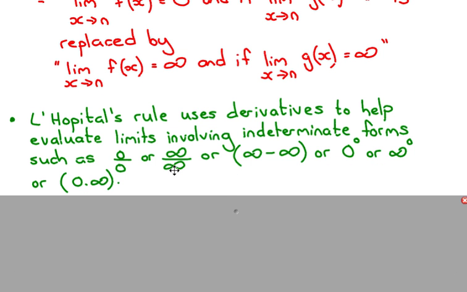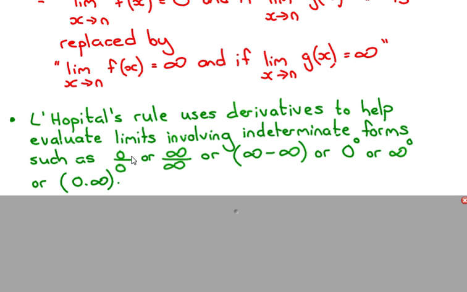Now, L'Hopital's rule uses derivatives to help evaluate limits involving indeterminate forms. Now, indeterminate forms are when we get 0 over 0, or infinity over infinity, or infinity minus infinity, or 0 to the power of 0, or infinity to the power of 0, or 0 times infinity. Those are indeterminate forms.